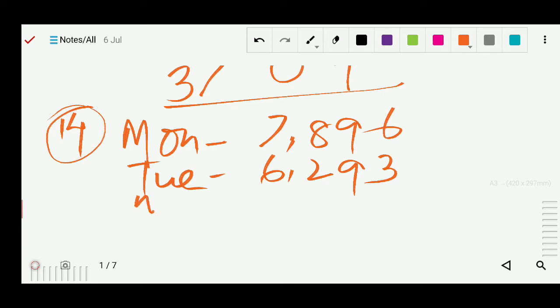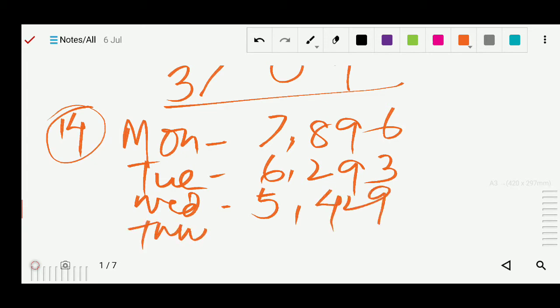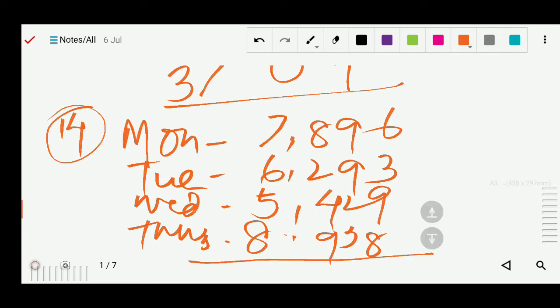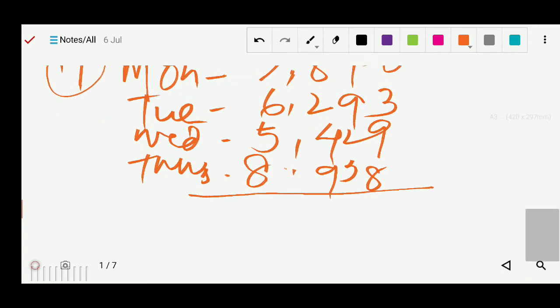Okay, Wednesday, 5,429, and on Thursday came 8,938. Got it? 8,938. So in the question, these are the different days when visitors came to visit that park. So we have to find out all together, means within these 4 days how many people came to this park.